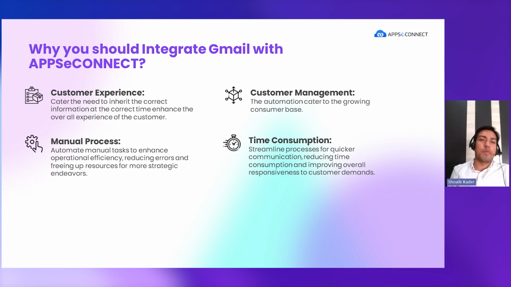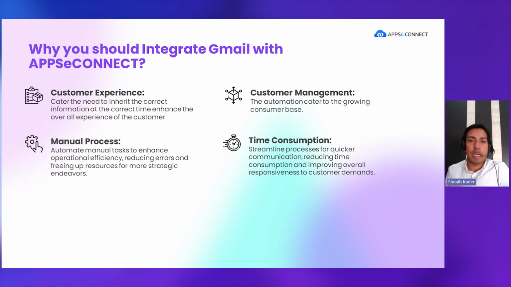Now, the customer management. So now, for example, let's say you have to send the email notification for 1,000 clients. Now, touch wood, your business has grown up, right? Your customer database is growing day by day. Let's say after a year or so, you want to serve 2,000 clients or maybe 5,000 clients, right?